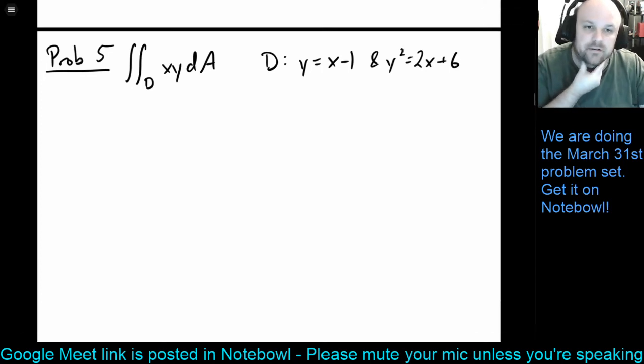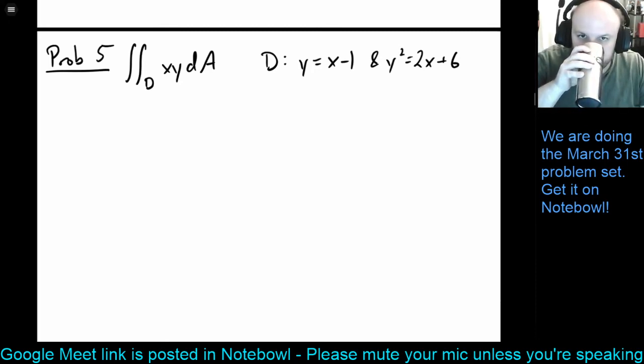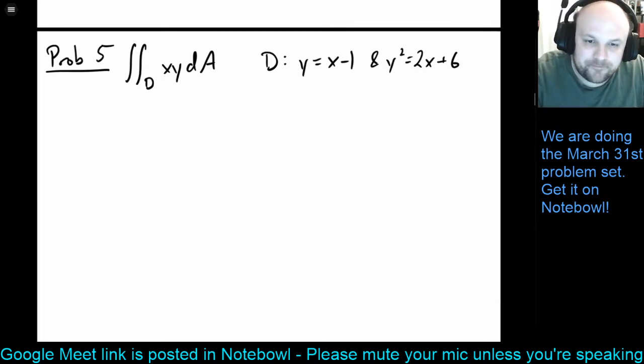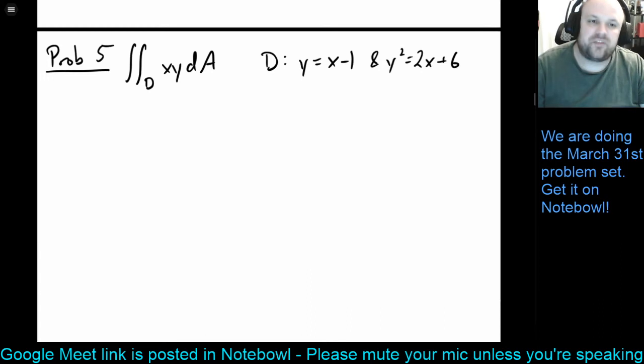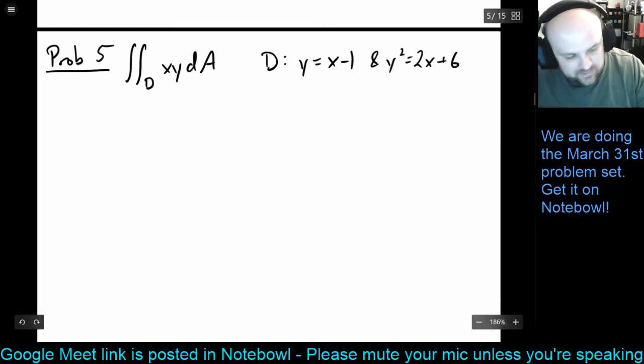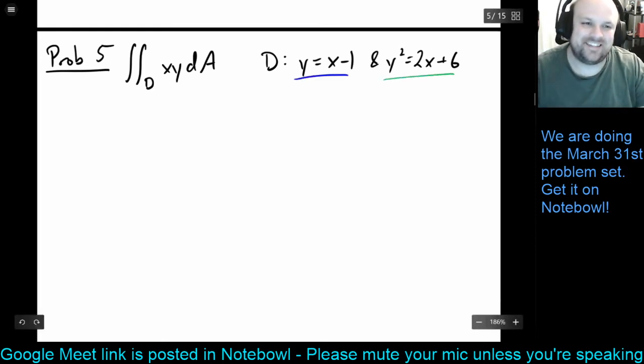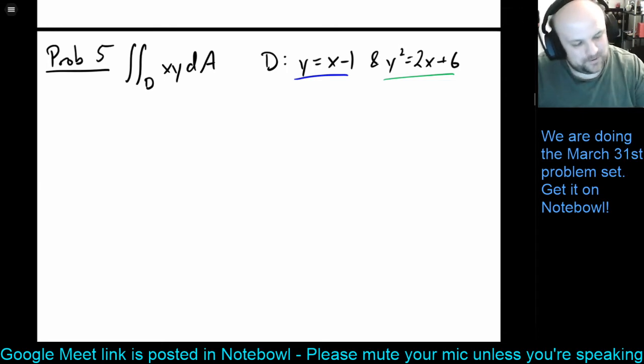Okay, so here, again, first step, always, always, always, always sketch the region of integration. This is always the case with these. I can't emphasize it enough.